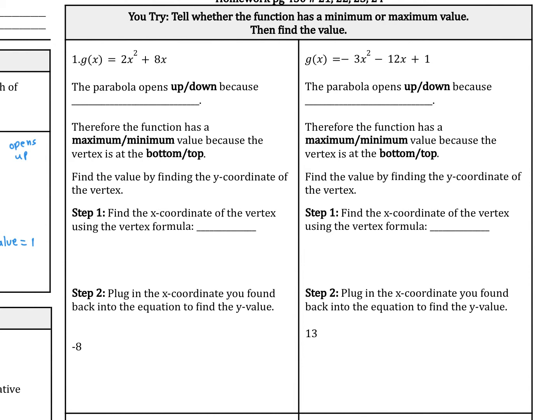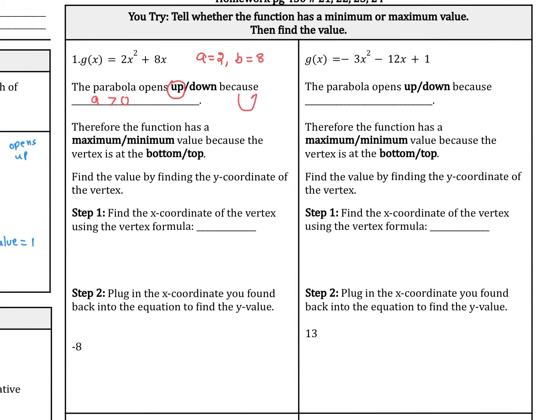So number 1 is g(x) equals 2x squared plus 8x. The parabola is going to open up because a is greater than 0. A is 2 and b is 8. Since a is greater than 0, the parabola opens up.